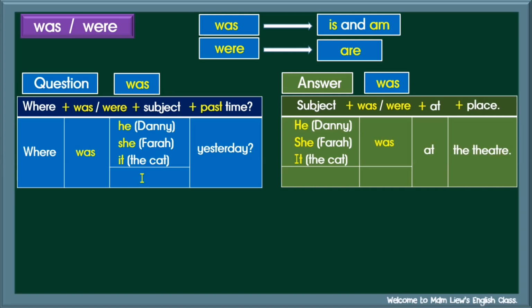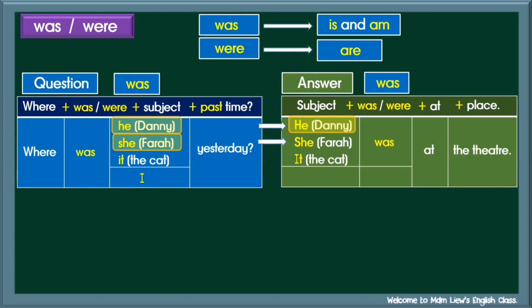Now, let's see how to ask and answer the questions correctly. Question 1. Where was he, or any boy's name, yesterday? Answer: he was at the theater. 2. Where was she, or any girl's name, yesterday?